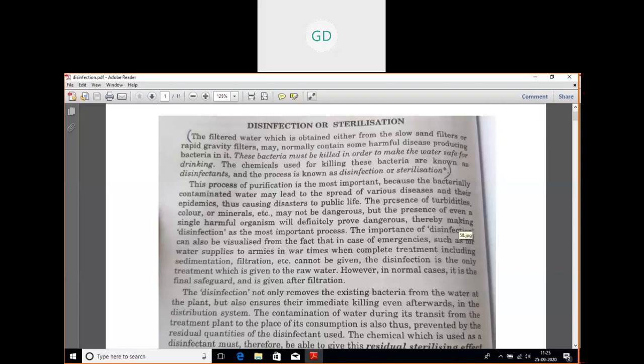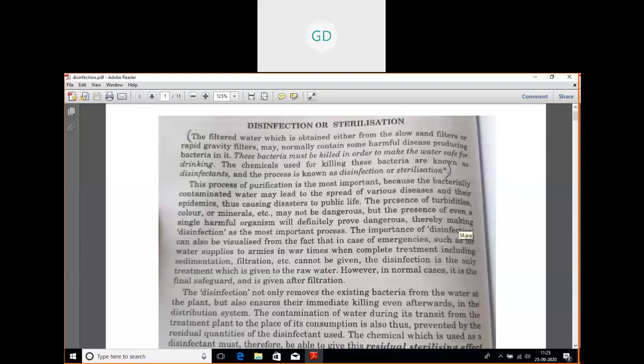The whole process of adding the disinfectant to the water and killing the bacteria is known as disinfection, or the synonym, sterilization. So disinfection and sterilization is clear to you, I guess. It is used for killing the disease producing bacteria by adding disinfectants or chemicals.